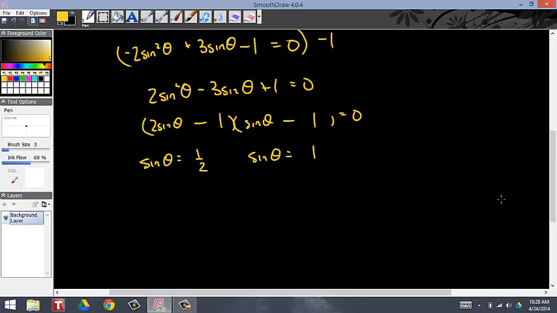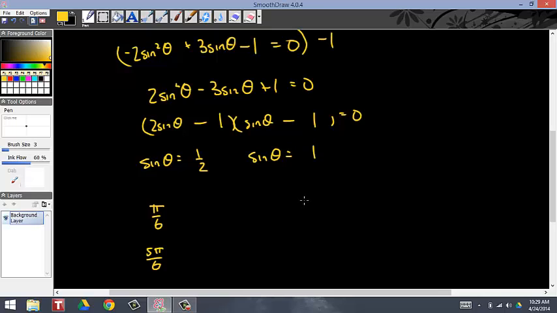Remember, we're solving for all values of x in the unit circle in radians. Where is the first instance of sine theta equaling 1/2? Pi over 6. Awesome. Where is the second instance of that happening? 5 pi over 6. Now, what about sine of theta equals 1?